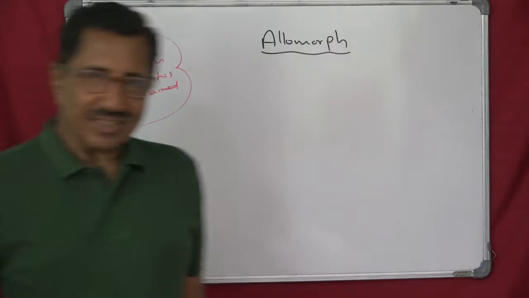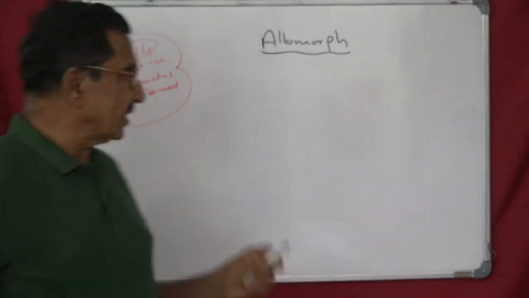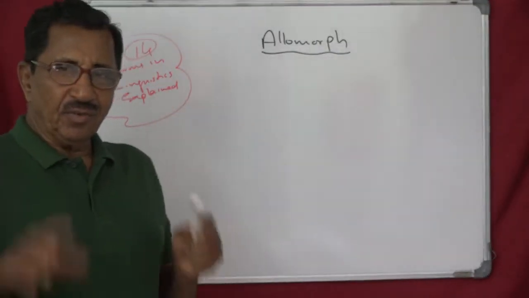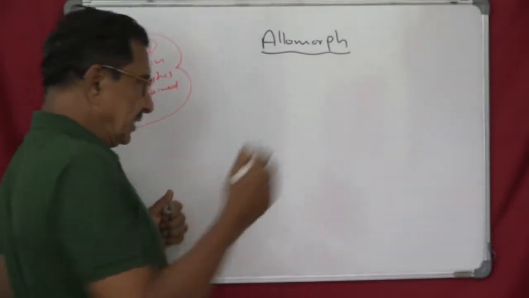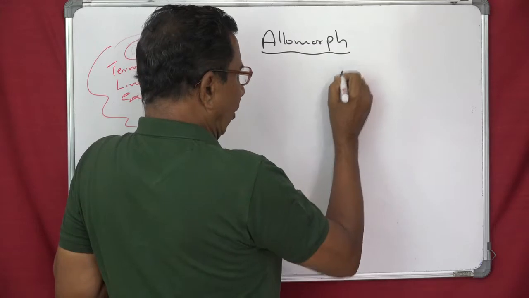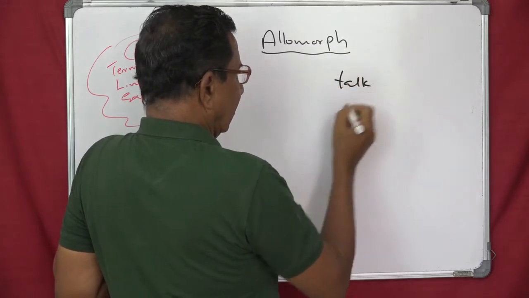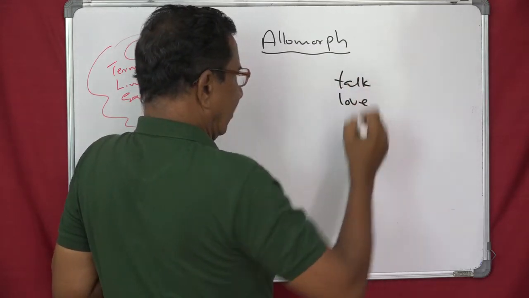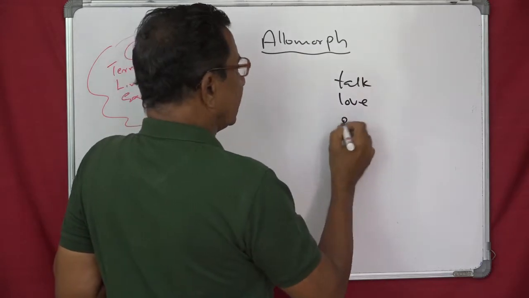So we have another linguistic term today to be explained, and that is allomorph. If you look at these three words, the first one is talk, then love, and the next is paste.